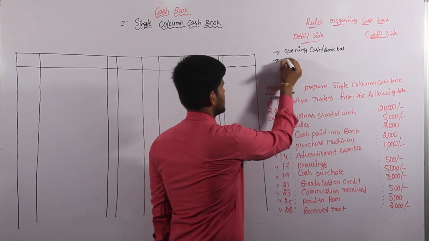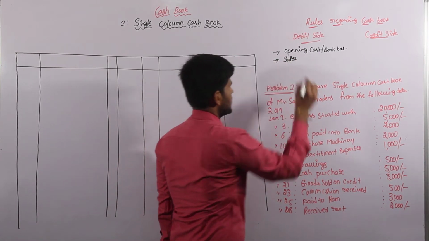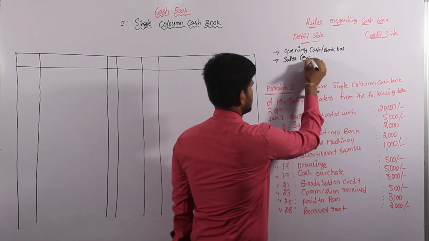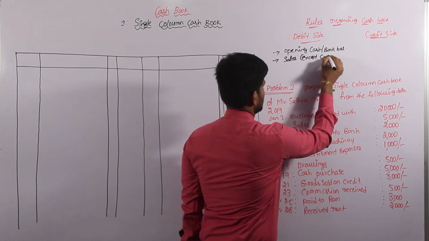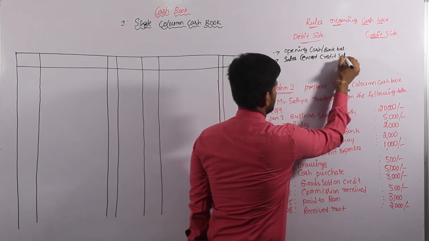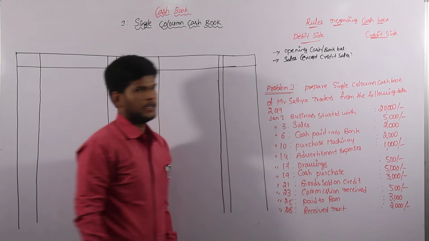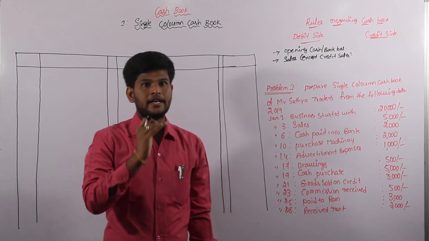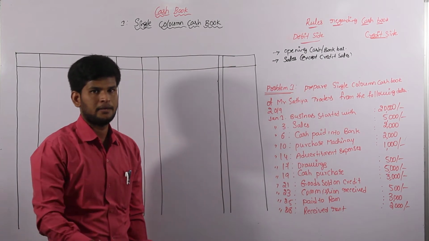And second one is we have to enter sales except credit sales. In debit side, we have to enter cash related sales transactions only, no need to enter credit sales transactions into any type of cash book.